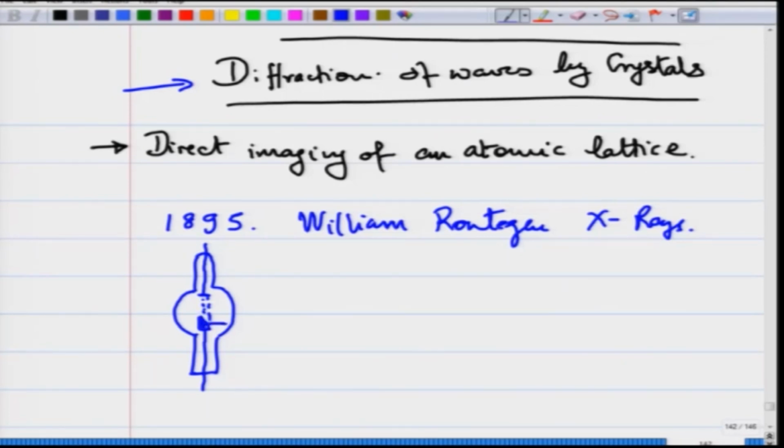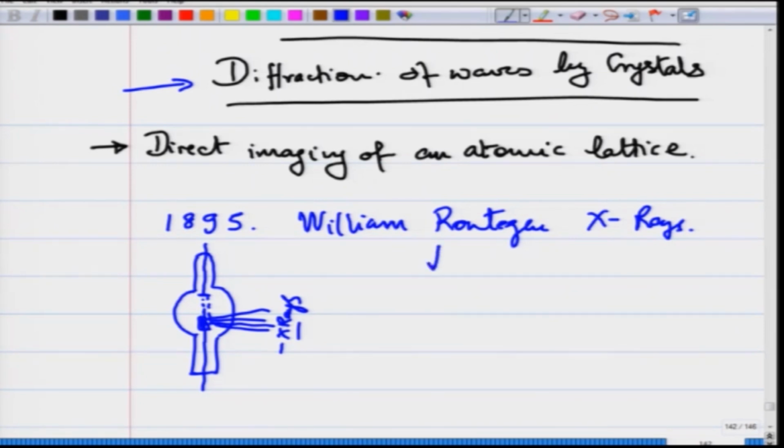When the accelerated electron beam strikes the target, it excites the inner shell electrons of the atoms in the target, which then de-excite and produce characteristic X-rays. From here begins the generation of X-rays. This was a very important discovery in 1895.